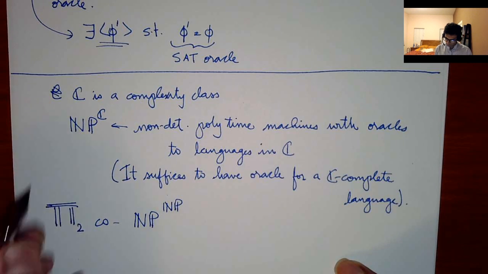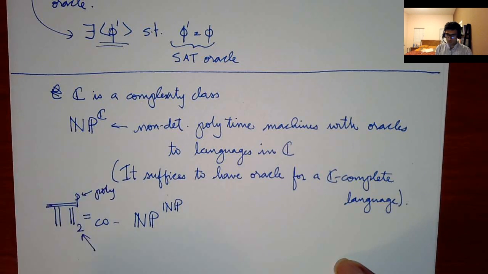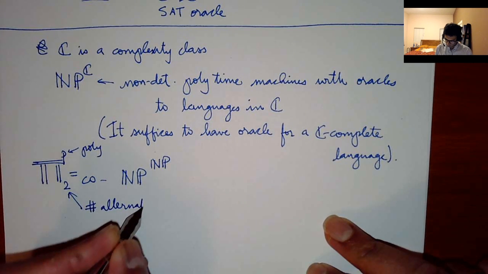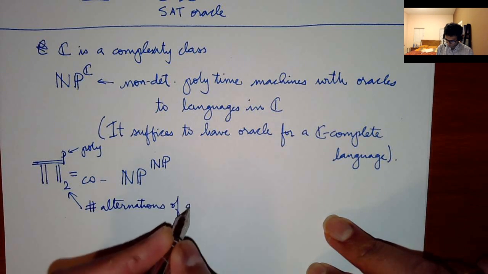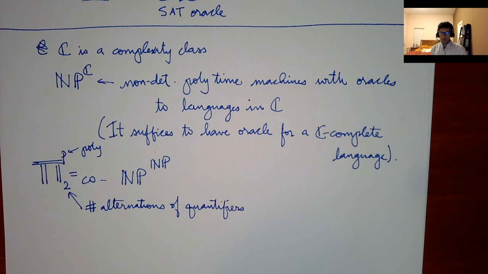This is called pi 2, and there's a p here. The p means polynomial. The 2, as we'll see, is the number of alternations of quantifiers. What we're going to study in this lecture and the next one are alternate definitions of these classes to give you a better sense of what this actually means.